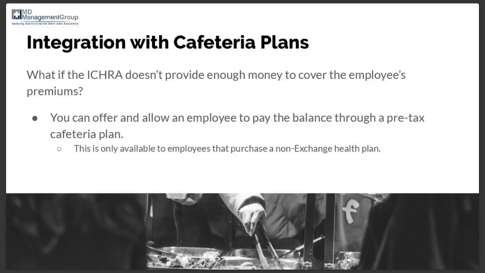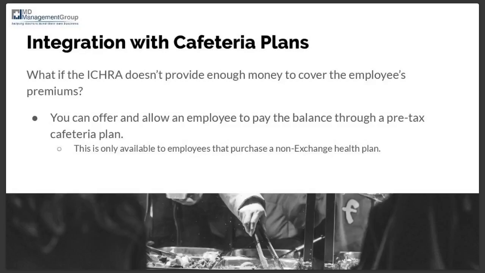Just note, however, that option is only available for employees that purchase individual insurance plans that are not part of the government exchange health plan. So you can't buy health insurance through the exchange with Section 125 plan, cafeteria plan dollars.